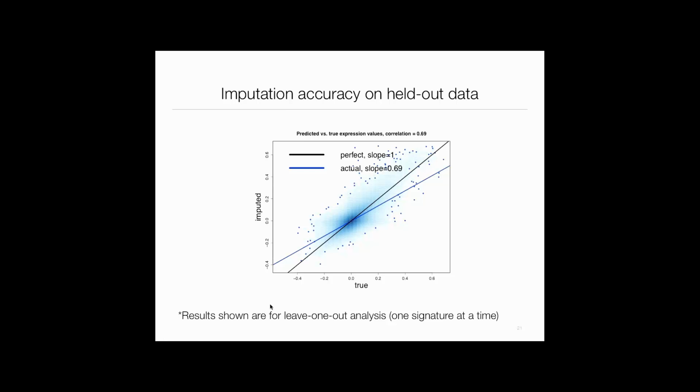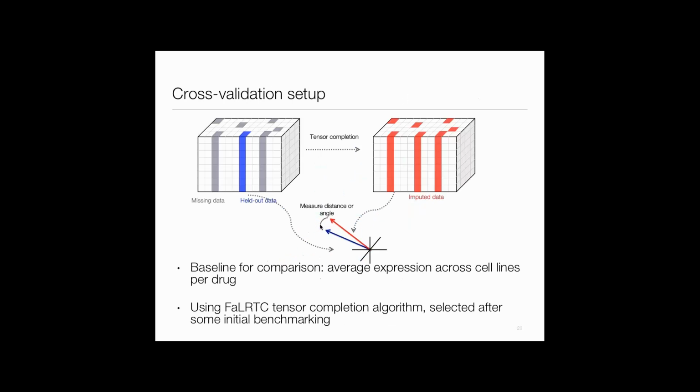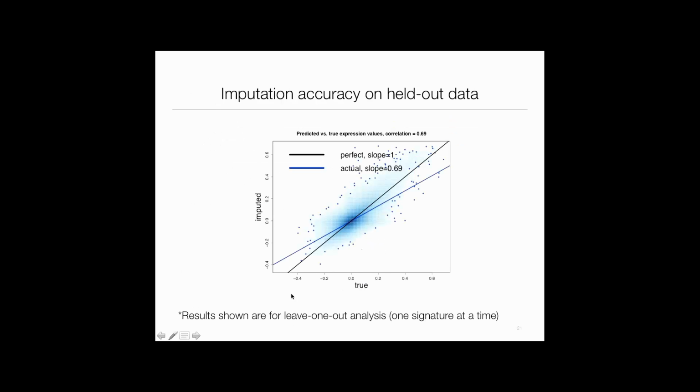And each dot, so this is a smooth scatter plot, but each dot represents basically a single element of the tensor. So it's a single voxel or gene in a particular drug-cell combination. And of course, what we're looking for is a slope of 1 and a correlation of 1. And what I ended up with was both a slope and correlation of 0.69.